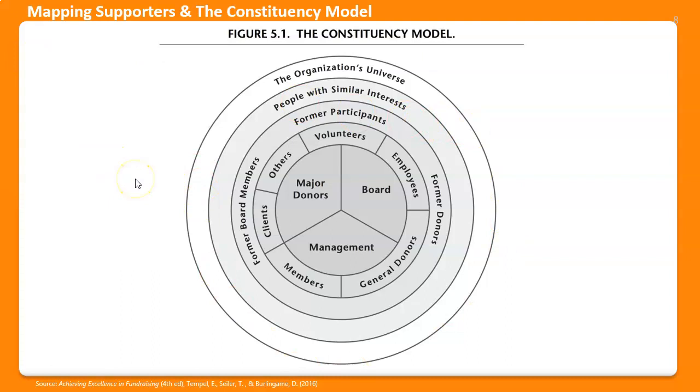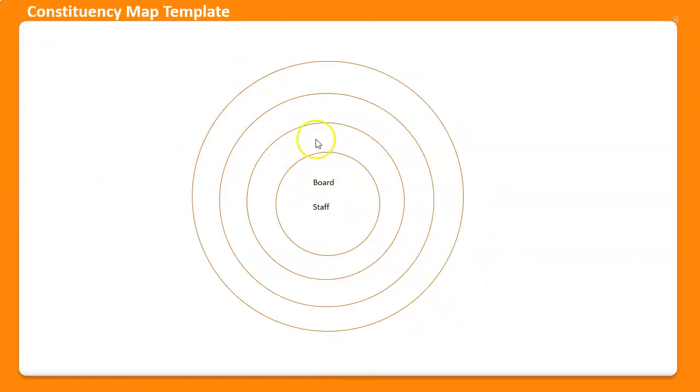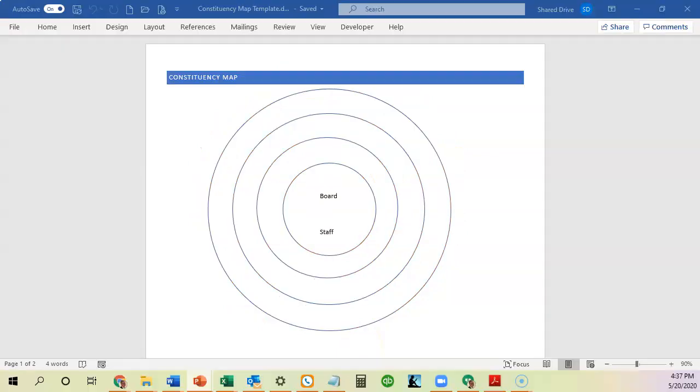So what we're going to have you do is do something similar. We have a constituency map template that looks like this. I'm actually going to go ahead and pull up the template. So in this week, we have a document, and we put it in Microsoft Word format because you're going to paste this into your final project. For your organization, I just put these two as examples, but what you would do is make a copy of these items.